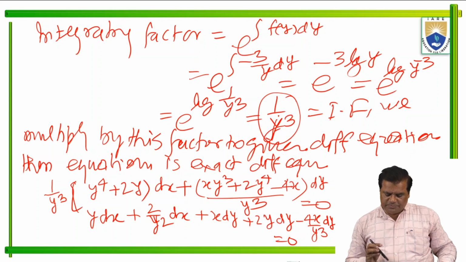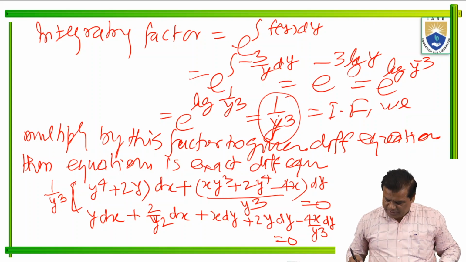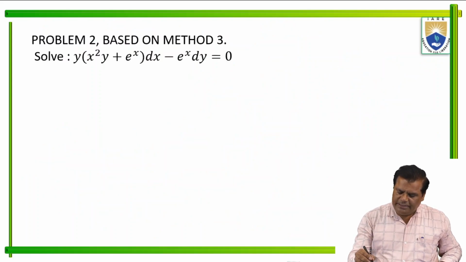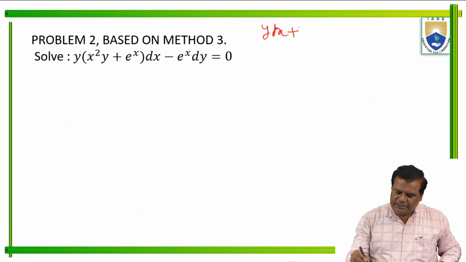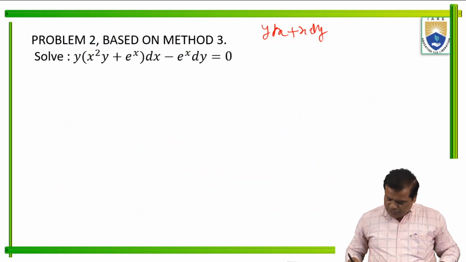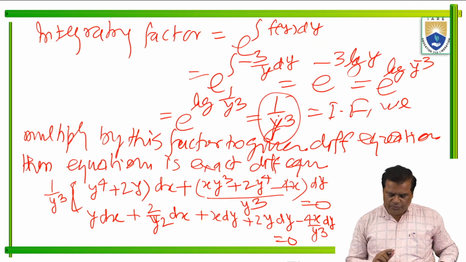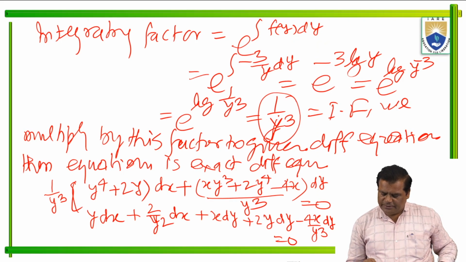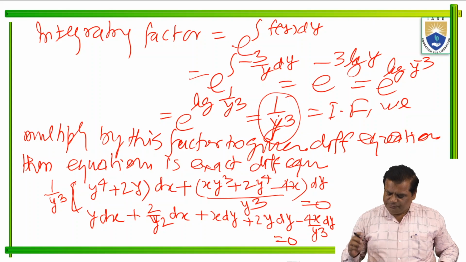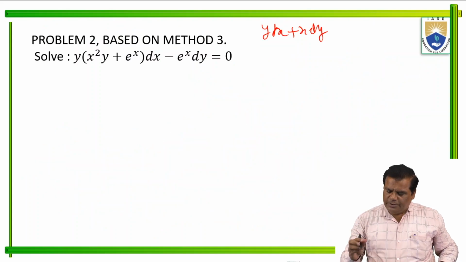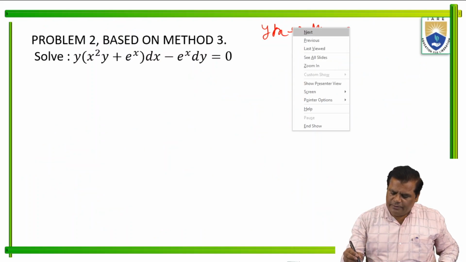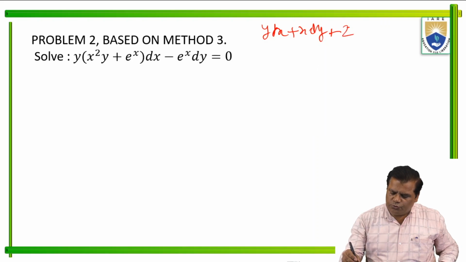So now integrating this function, we are making it y dx plus x dy. Next we have y dx plus x dy plus 2y dy. This is the integrating function.